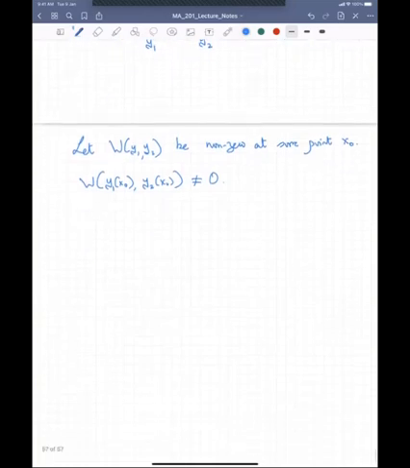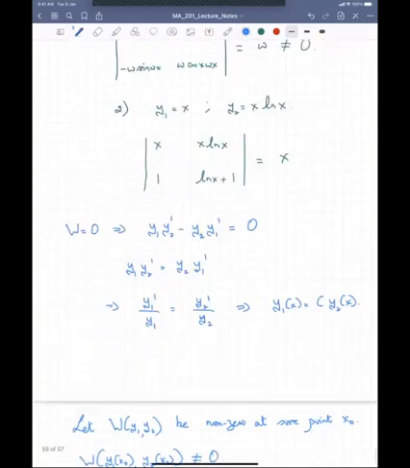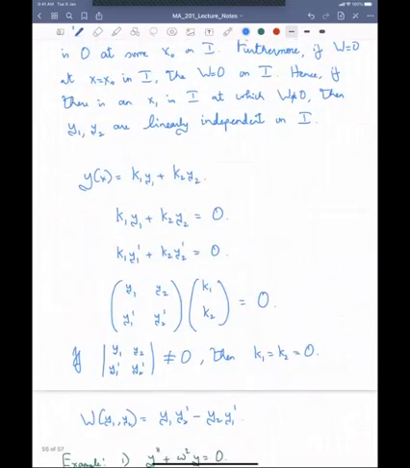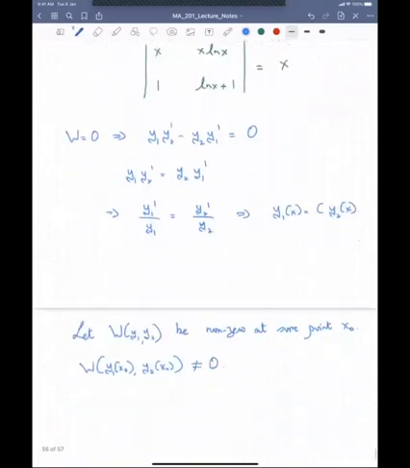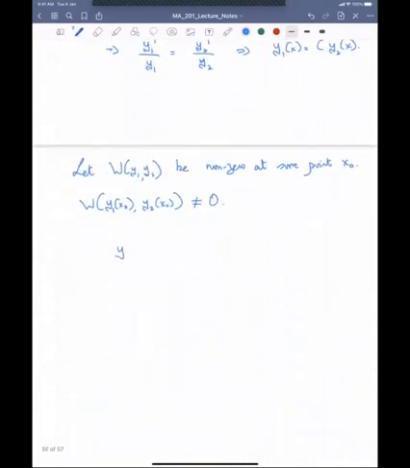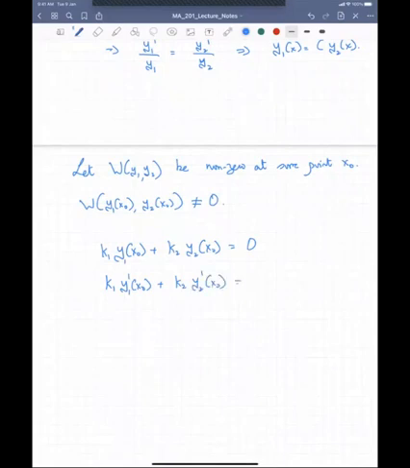Okay, so let me form a system of equations just like I formed over here, except that this time I will form the system of equations at x equal to x0. So k1 y1 at x0 plus k2 y2 at x0 equals 0, k1 y1 prime at x0 plus k2 y2 prime at x0 equals 0.